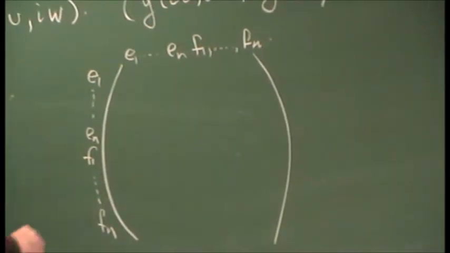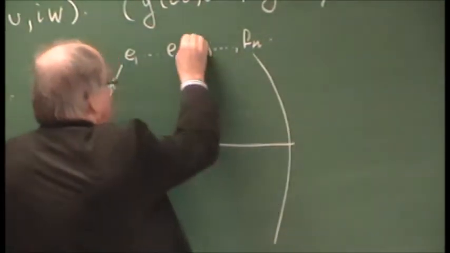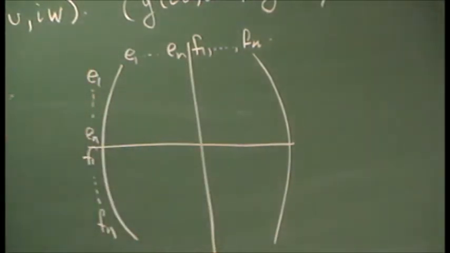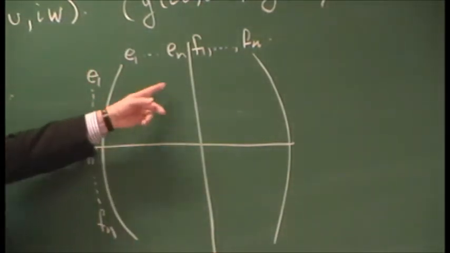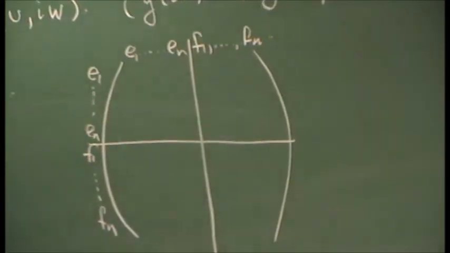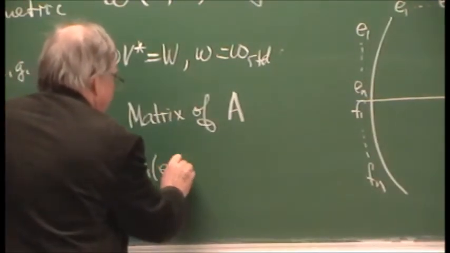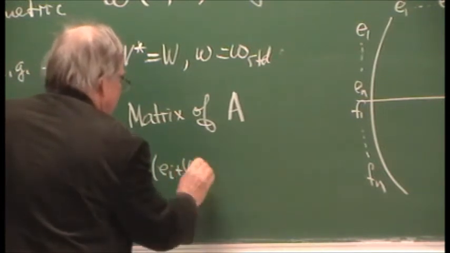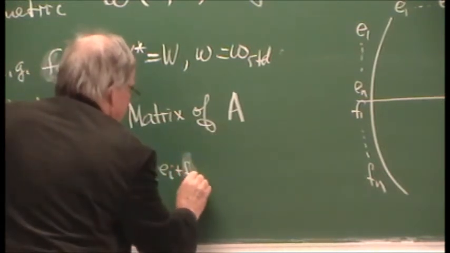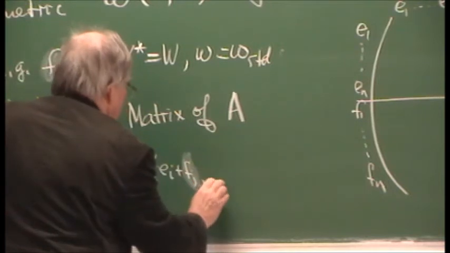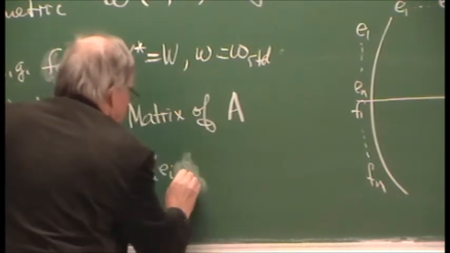And now it'll clearly be in block form. So the e's paired with the e's. Remember what this thing is. I will just write all these things that you need to compute here. Let me write examples.